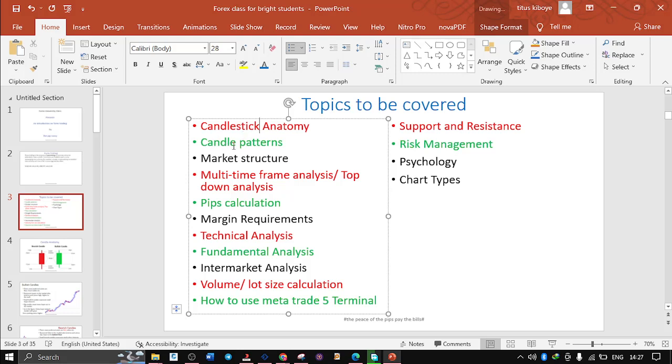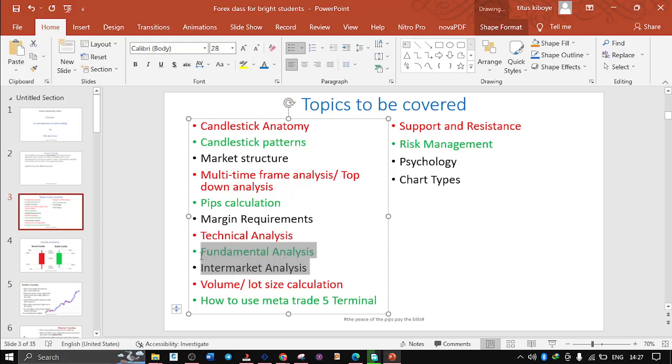Then we have candlestick patterns. Then we have market structure. We are going to see what market structure is. We are going to see multi-time frame analysis, pips calculation, margin requirement, very important. Then technical analysis, fundamental analysis, and the intermarket analysis.